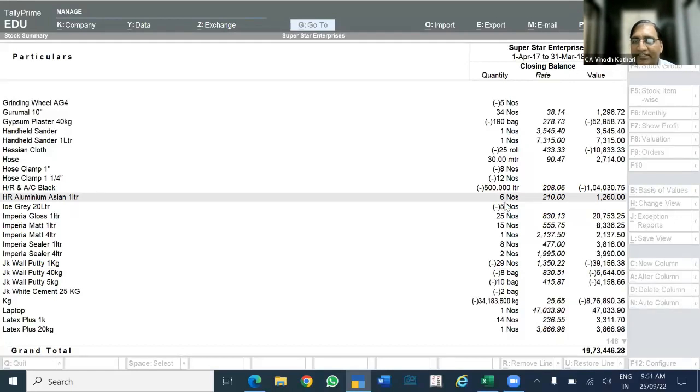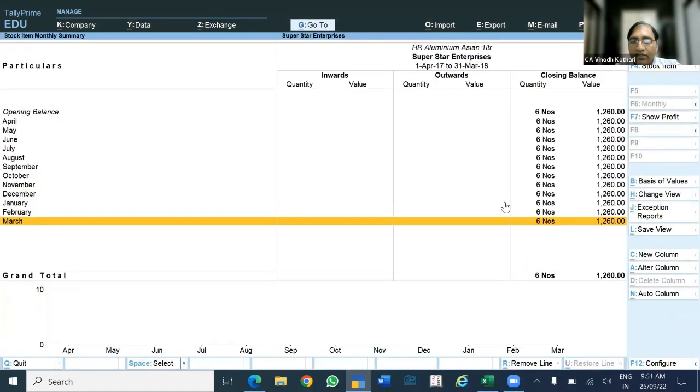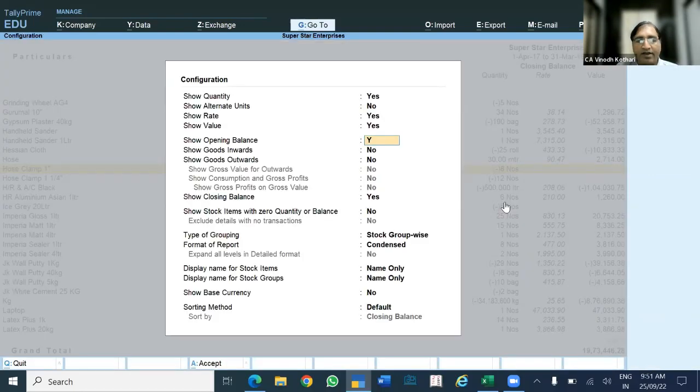First, let's understand about the stock. So here you see, this is your closing balance. I'll take some transactions. Okay, so this is your opening stock. So 11 bags, JK putty 40 kgs.